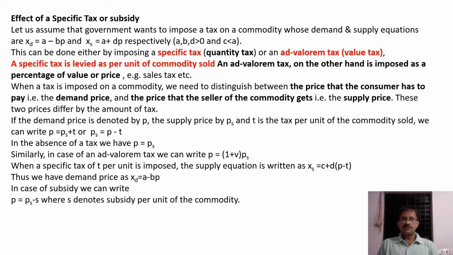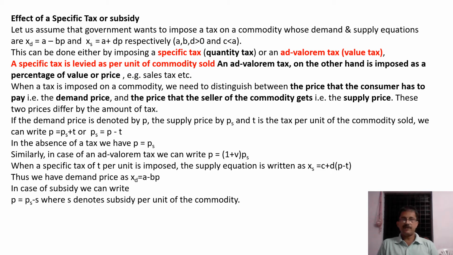When a tax is imposed on a commodity, we need to distinguish between the price that the consumer has to pay, that is called demand price, and the price that the seller of the commodity gets, that is called supply price. These two prices differ by the amount of tax.